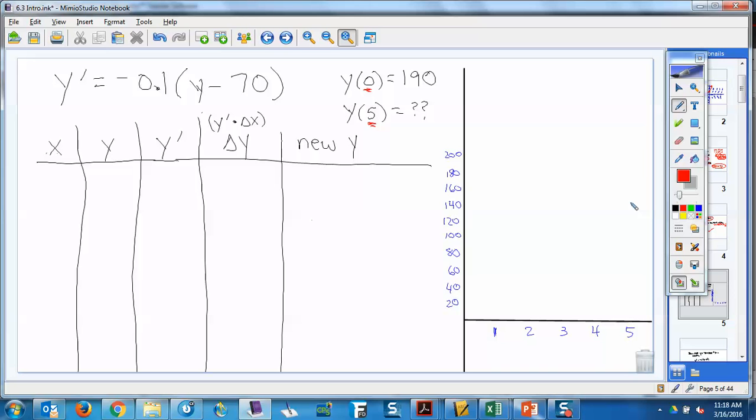So if I was going to say to you, do this in 5 steps, and you're going to write it out by hand, how would you start? Well, you put your initial condition here. I would just fill out the rest of this column. What would the rest of this column be?